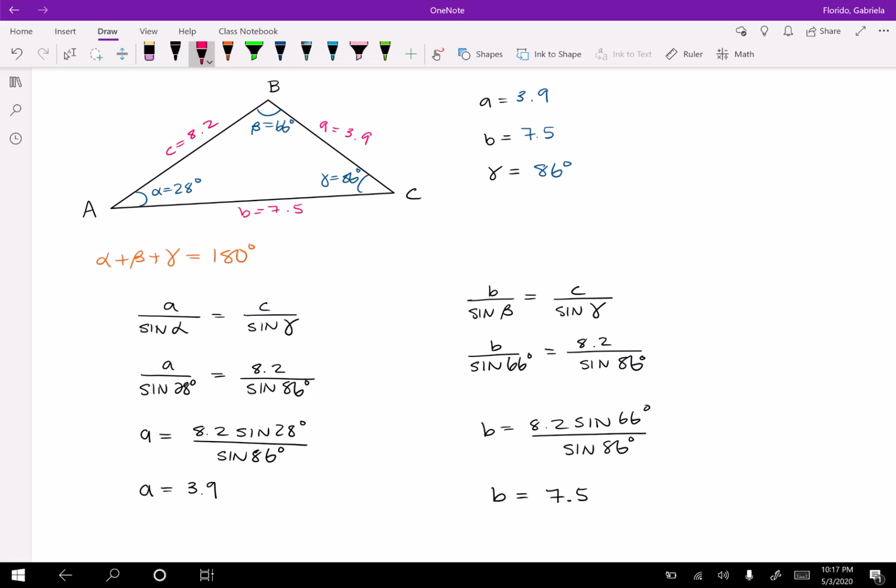Okay, again, as the angle increases, so should my little lengths here. Since my smallest angle is 28 degrees, then my shortest side should also be the one opposite of angle alpha.